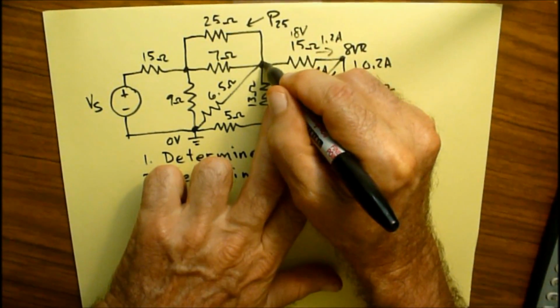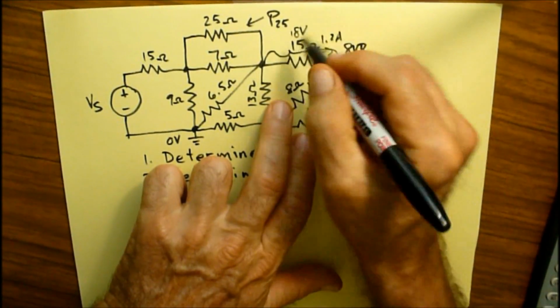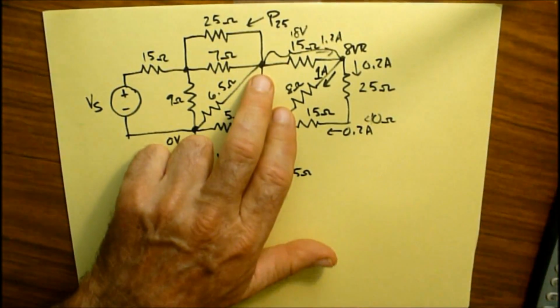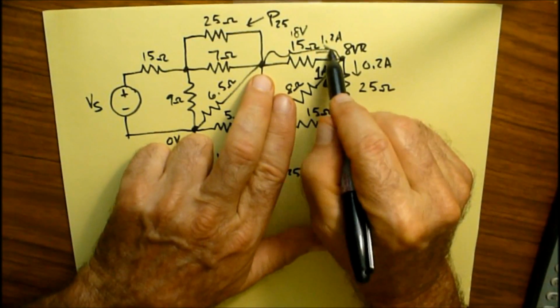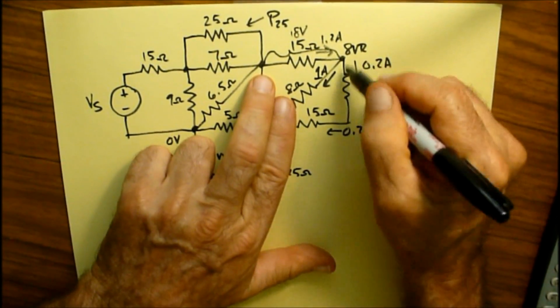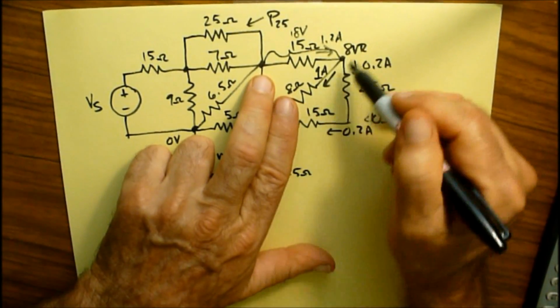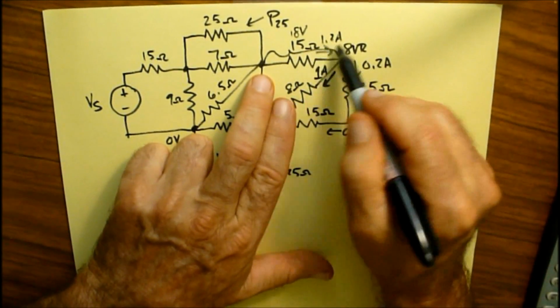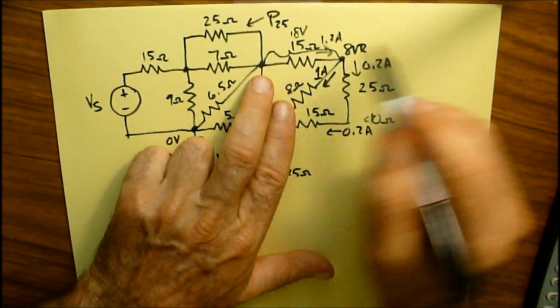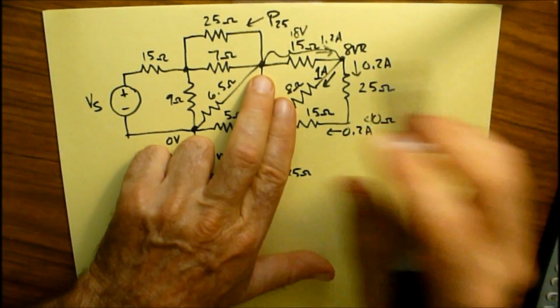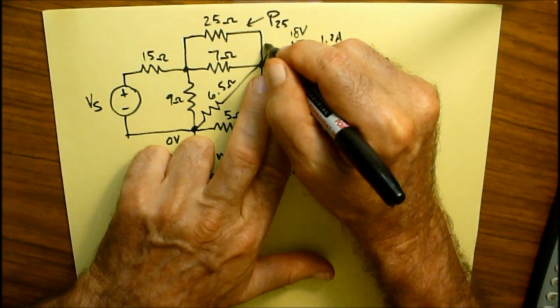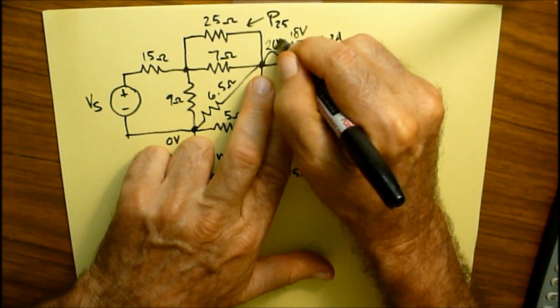Right? From here to there. 18 volts. Well, the current is going from high voltage to low voltage. It's going this way. I've got 1.2 amperes going out, I must have 1.2 amperes going in, which means that this is going to be 18 plus 8, which is going to be, this point here will be 26 volts relative.